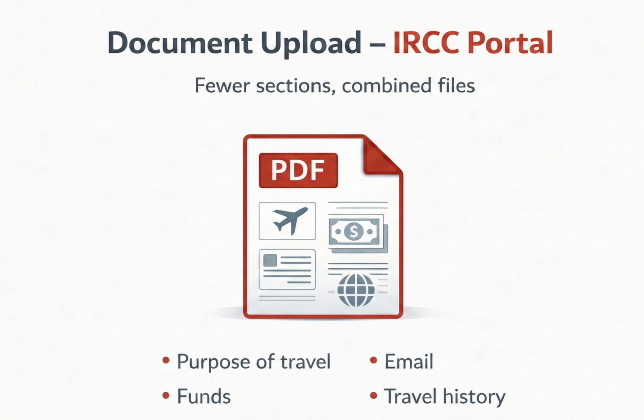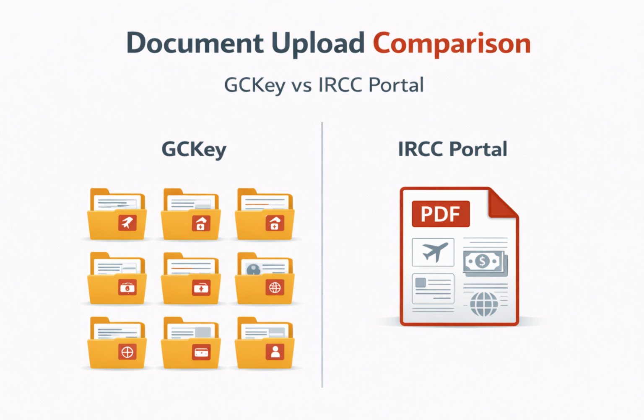In the IRCC Portal, the system is more simplified. File size per upload is usually smaller, and there may be fewer upload sections. Because of this, many applicants need to combine multiple documents into a single PDF. So if you have a lot of documents to upload, GCKey can feel easier and more flexible.